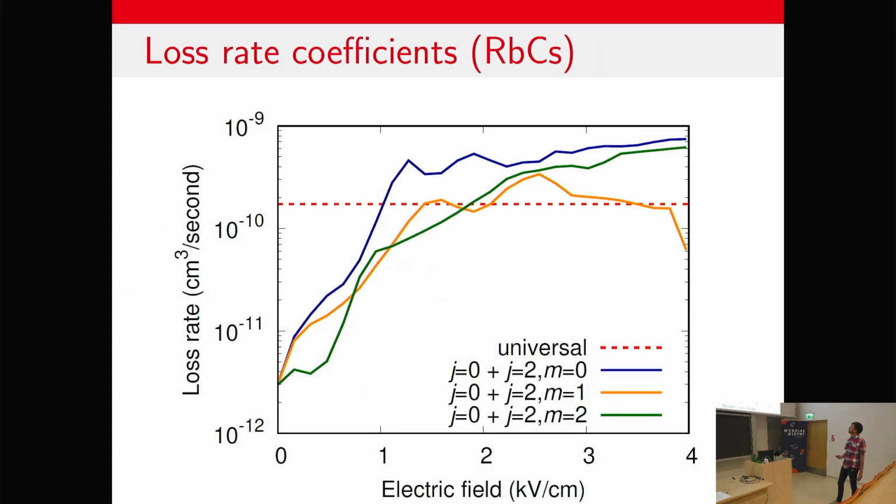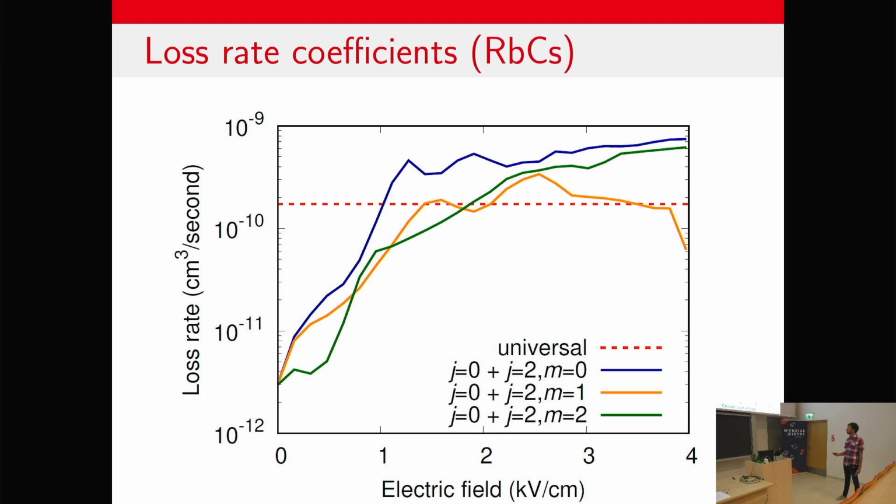Okay, cool. So this is just to show that this actually works. This is the computed loss rate coefficient as a function of the electric field. This is showing it for rubidium cesium in J equals 0 and another molecule in J equals 2. The different colored lines are the different substates of J equals 2.